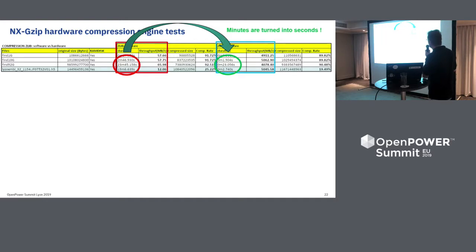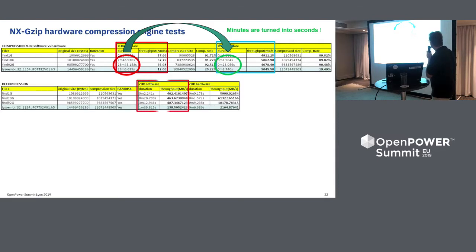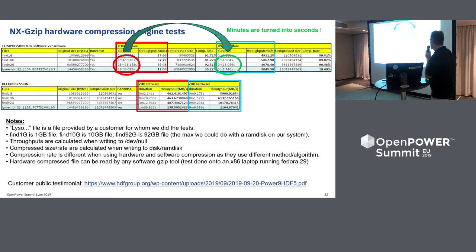So that's very amazing. 2 minutes and a half become 2 seconds. So it's really very impressive, the fact that we can have this, from this kind of throughput, like a few tens of megabytes per second, going to 5 gigabytes per second for the compression speed. Decompression is the same order of magnitude.